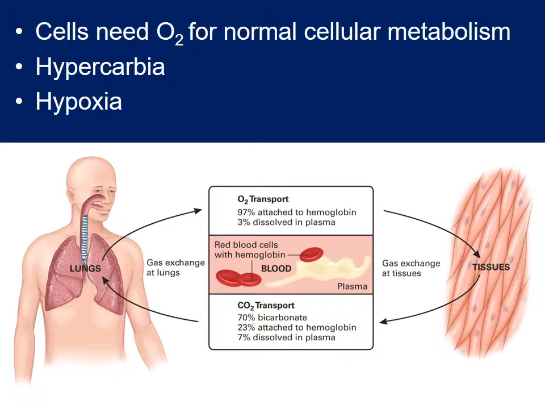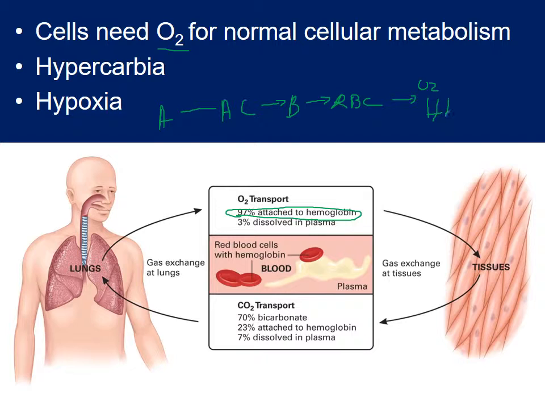For oxygen, most of the oxygen is transported on the hemoglobin. So the oxygen has to diffuse from the alveoli through the alveolar membrane, through the capillary membrane, into the blood, and then into a red blood cell, where it sticks basically like a magnet onto the hemoglobin.